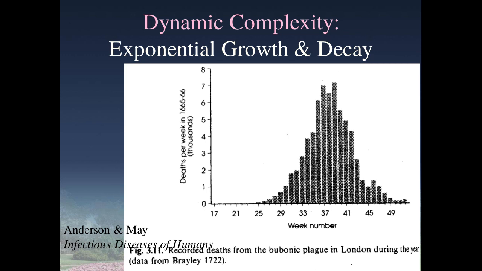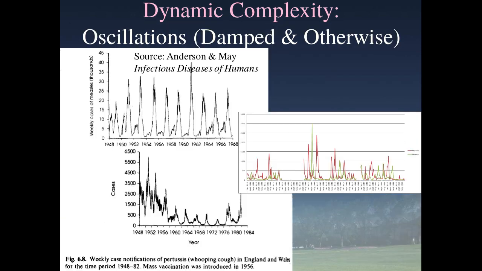People have long noted in health the occurrence of these emergent patterns. Graunt, in the 1600s, recorded this classic epi curve associated with bubonic plague deaths in London, for example.